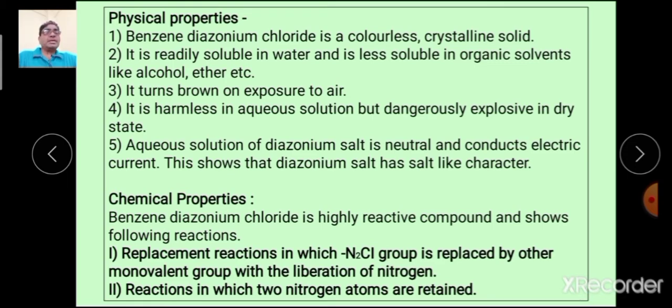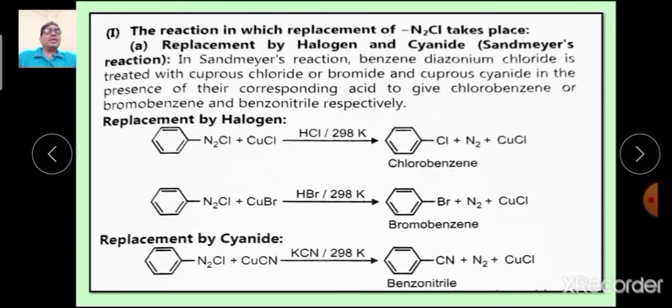And second type of reactions are reactions in which the two nitrogen atoms are retained, that is not removed. Now we are going to see the first type of reaction where the N2Cl group is replaced by another group or atom.